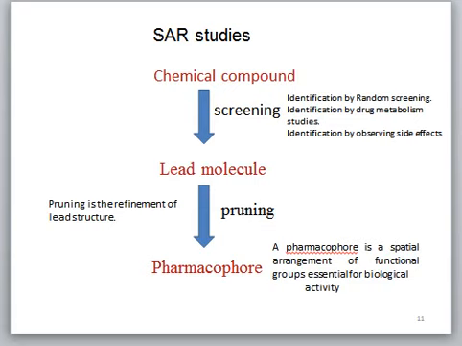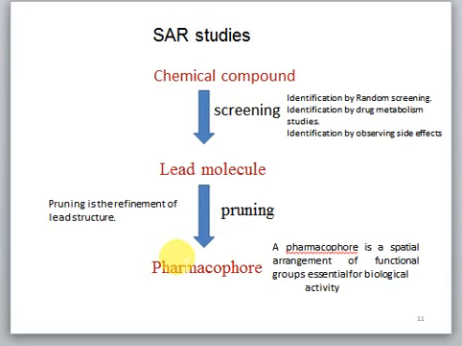Now you have got the lead compound, and this lead compound has to be optimized further, right? The refinement of this lead compound is called pruning, right? So you refine the lead and you are doing the pruning. After pruning, what you get is a structure in which the functional groups are at their optimized position to show the best biological activity, right?